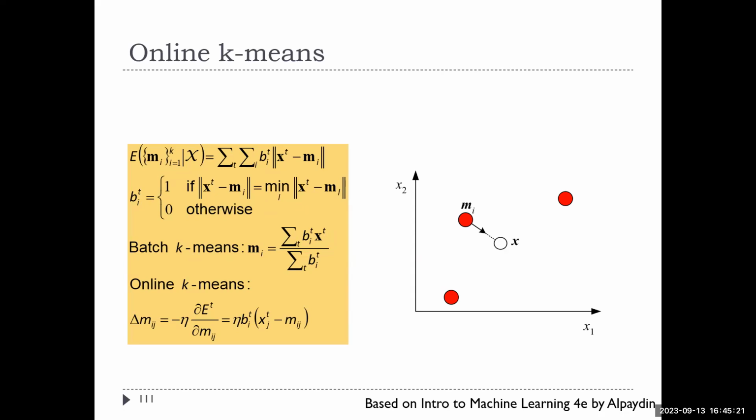Whenever you add a data point to a cluster, it changes the cluster center a little bit, not completely. If you look at this formula, this is the distance to the cluster center, multiplied by a coefficient. Whenever you add x to a cluster, it's going to move the cluster centroid towards x a little bit. You can use a small number depending on the size of your data.